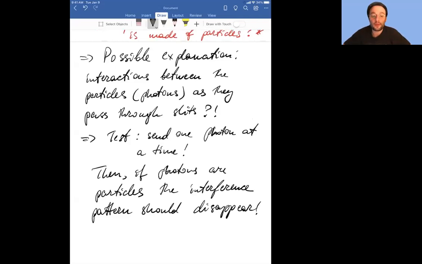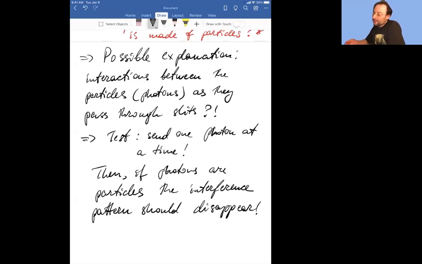Note that pure wave theory would predict that the interference pattern always survives, no matter how small the flux of energy is. With particles, you decrease the flux of energy by decreasing the particle current. Each particle carries some amount of energy.